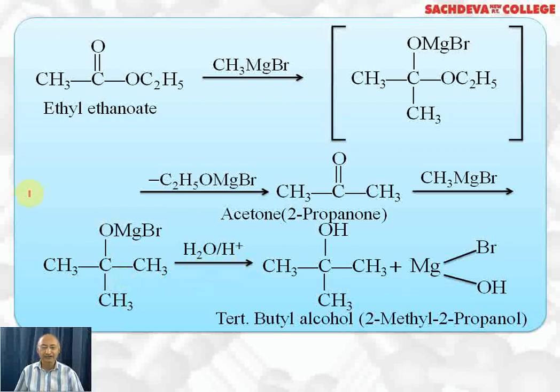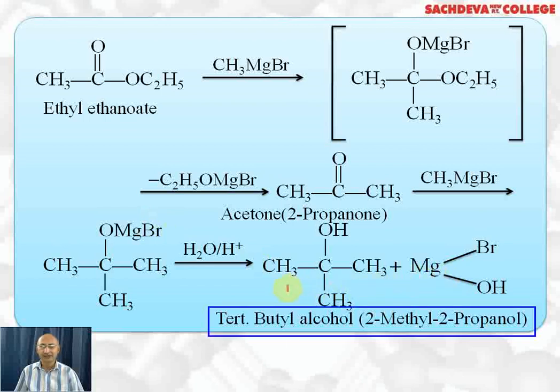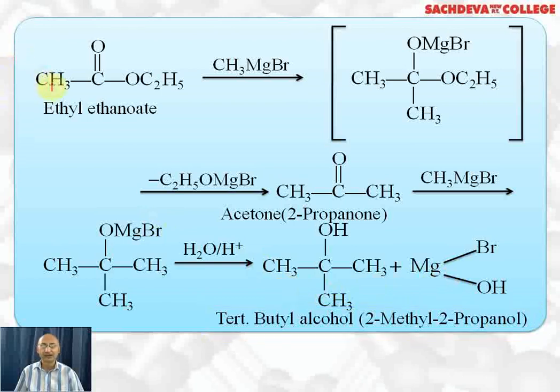Followed by hydrolysis, the bond breaks here, and here we get OH, here we get H. So hydroxy magnesium bromide is separated, and we get tertiary butyl alcohol, whose IUPAC name is 2-methyl-2-propanol. So from ester, first we have got ketone, finally we have got tertiary butyl alcohol.